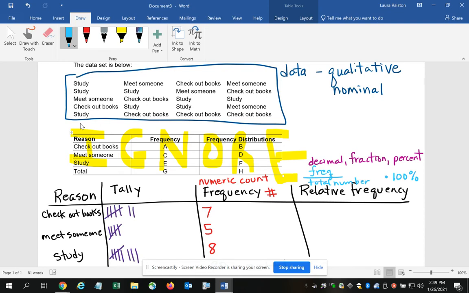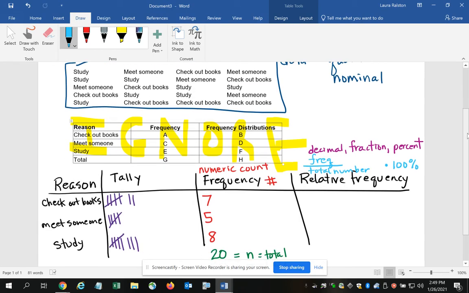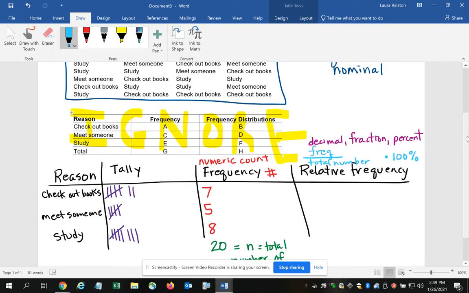And again, different authors, different instructors may have you put it as decimals. Some may have you put it as a fraction. So for check out books, that would be a frequency of 7 divided by 20, which is 0.35, or as a percentage would be 35%. For meet someone, we would have 5 over 20, which is 0.25 as a decimal, or 25%.